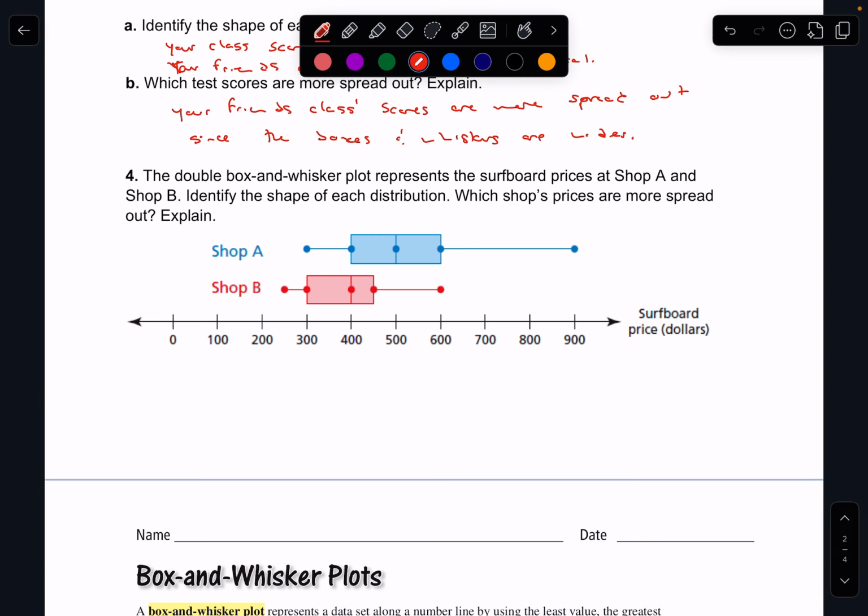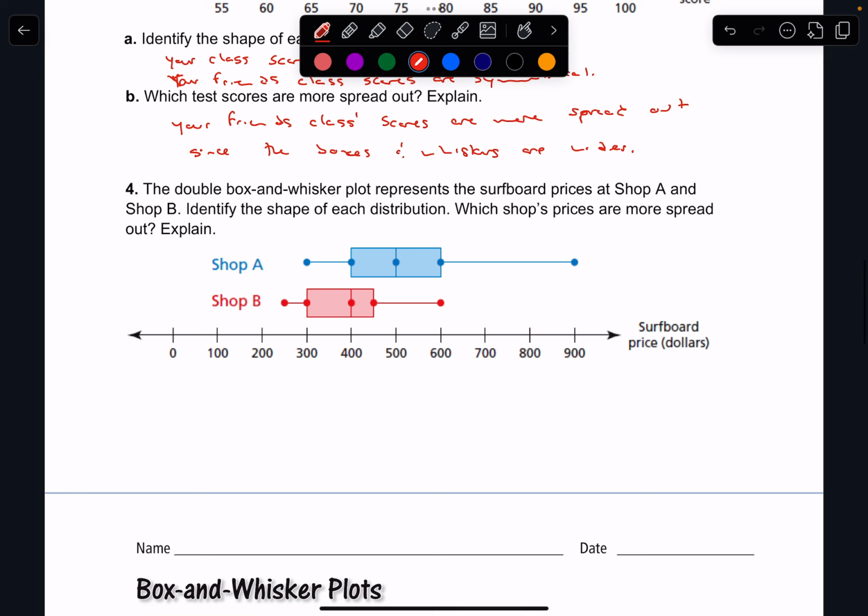So it wants me to identify the shape. So both of these are skewed to the right. Both Shop A and B prices are skewed right. I know you guys don't like writing full sentences, but too bad, you're going to have to on these.